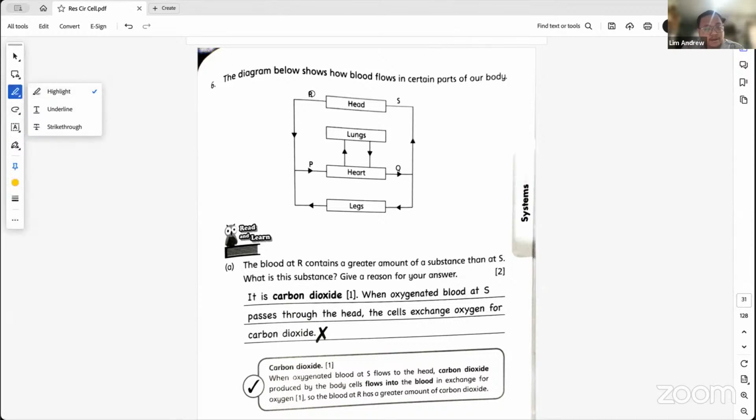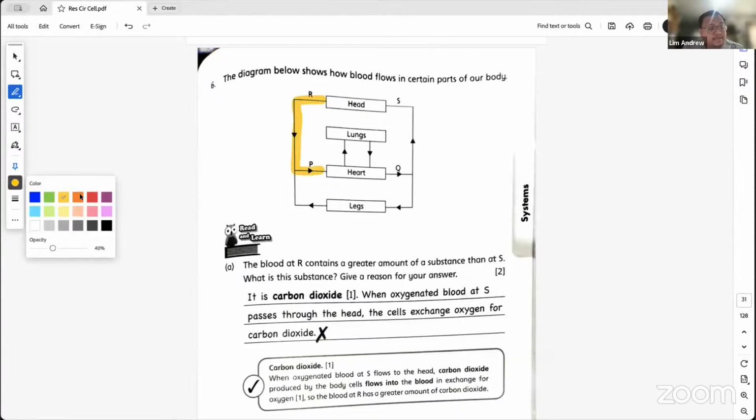So we know that R is here, from the head to the heart. Now, where is S? S is from the heart to the head.